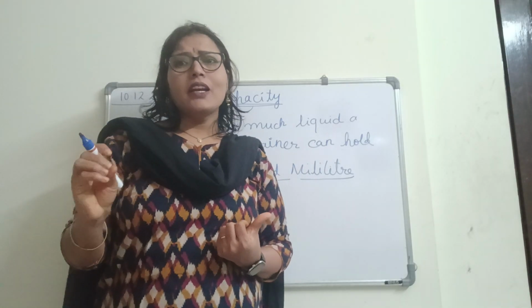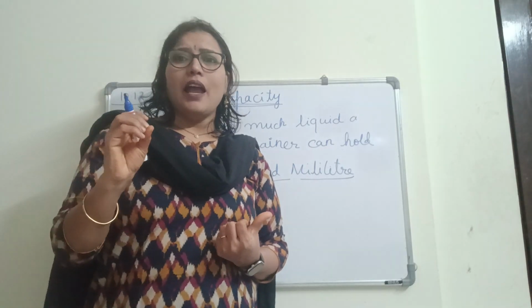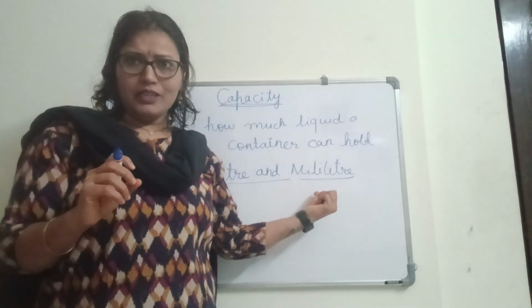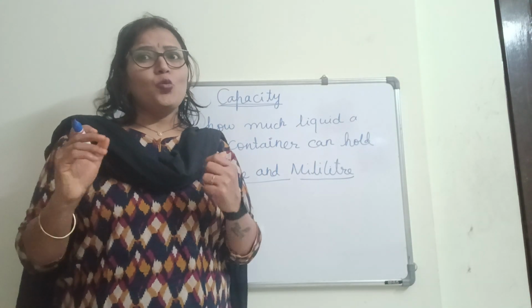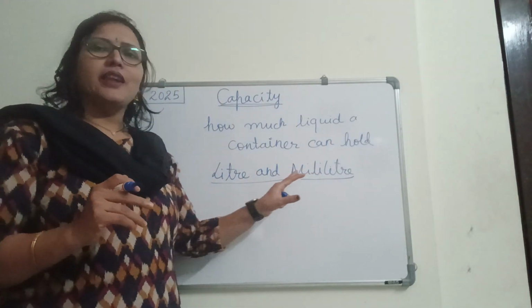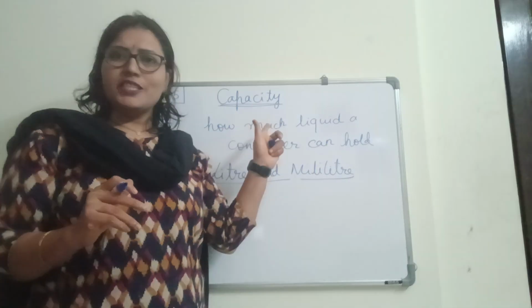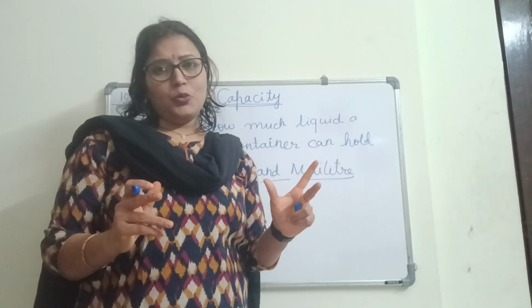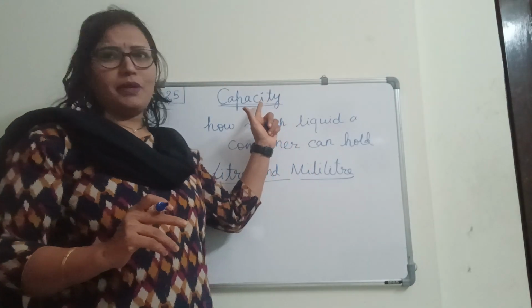Small amounts like syrup and juices are measured in milliliters. So hope you understand that to measure the capacity, we use liter and milliliter. Capacity is how much liquid a container can hold.